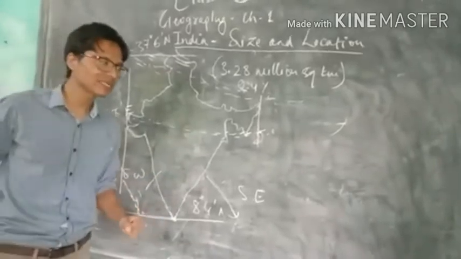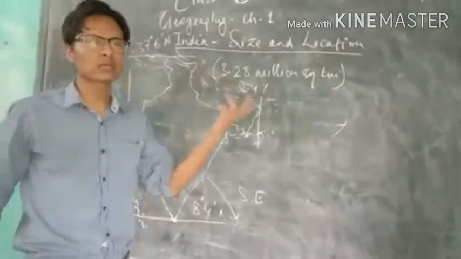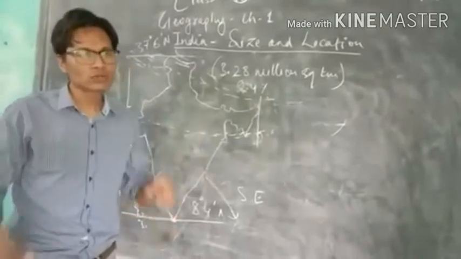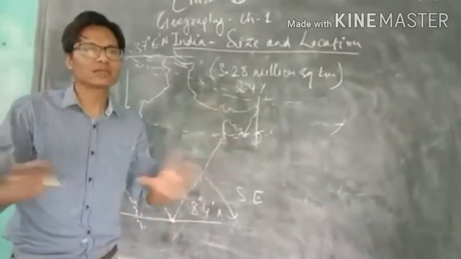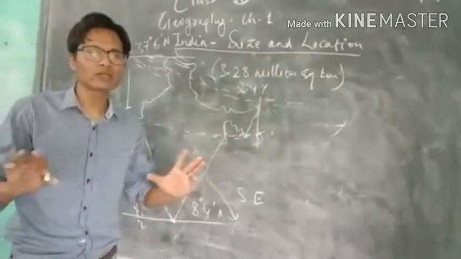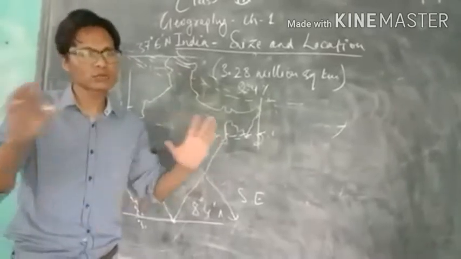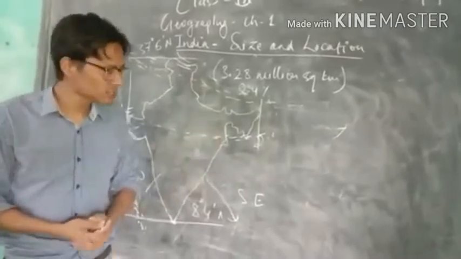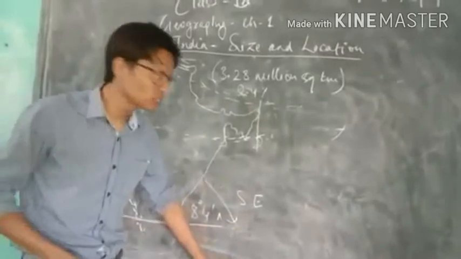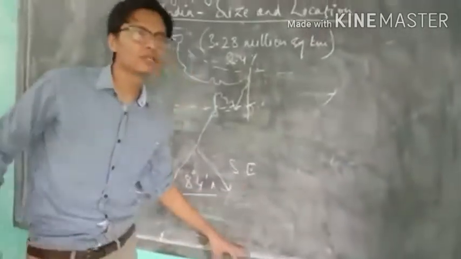Now, some students get confused between these two. The southernmost point of the Union of India, which includes the Union territories, is Indira Point, in the Andaman and Nicobar Islands.